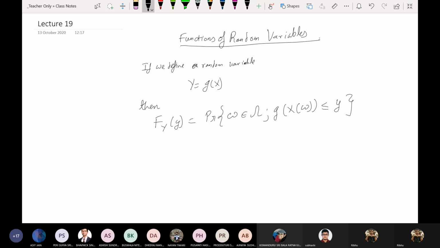This is how we will define the CDF of a function of a random variable, right?